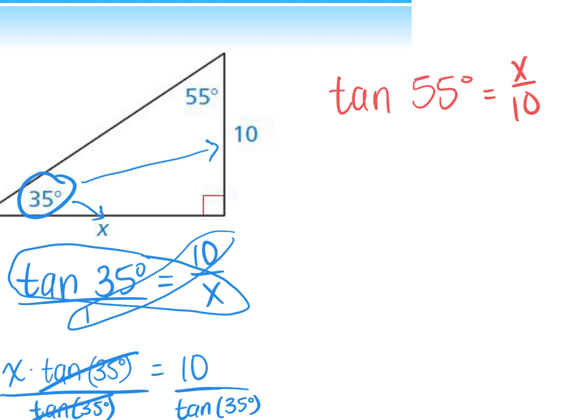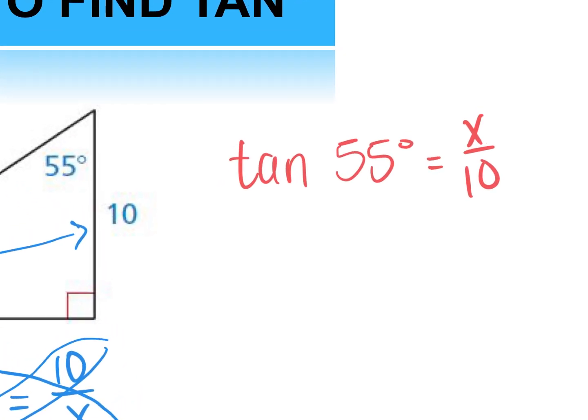Very good. Now, this one's a little bit easier to solve. How could I solve for x? What would I need to do? What operation is going on with the x right now? Division, right? It's being divided. How do you undo division?